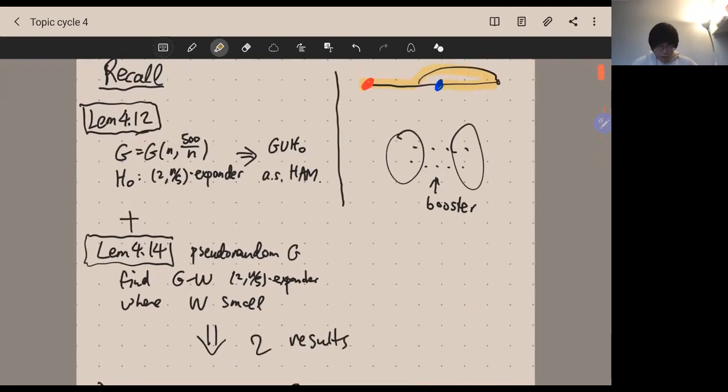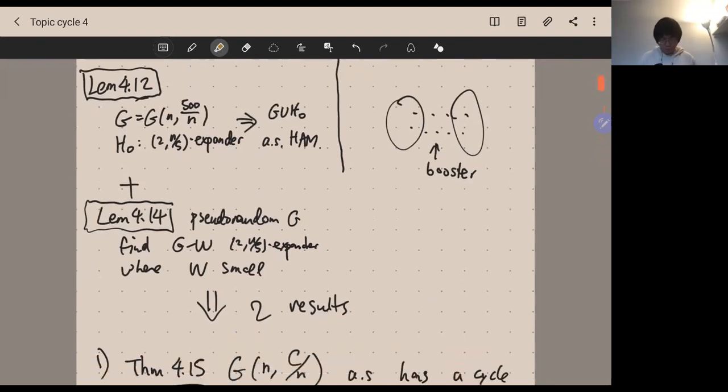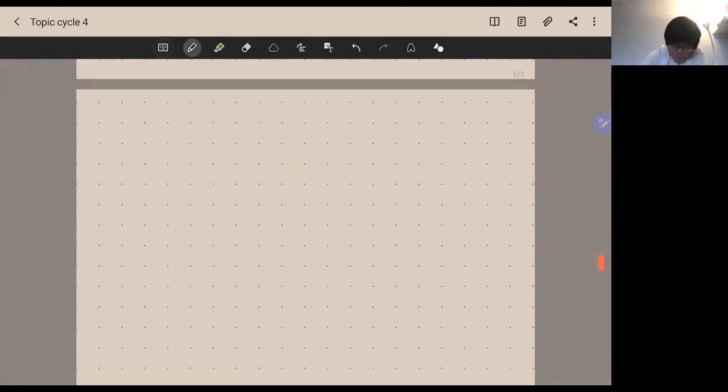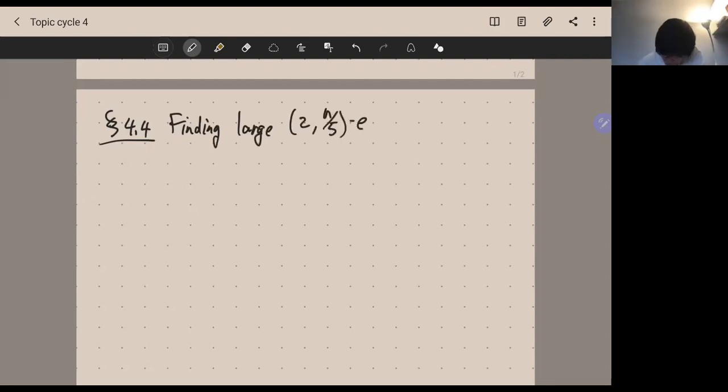Okay, so 4.14, let's get to this lemma. If you recall, we've done this before already a couple of days ago.